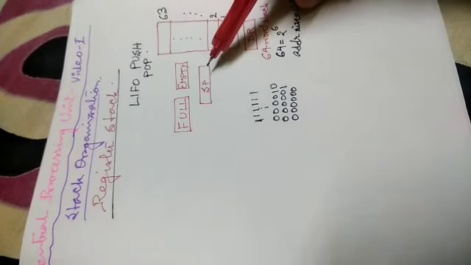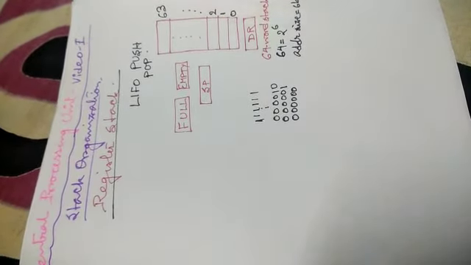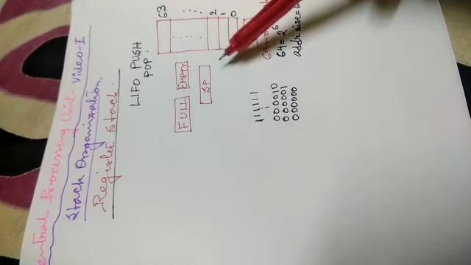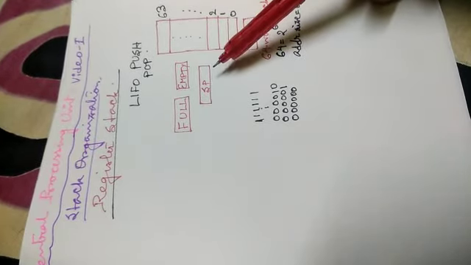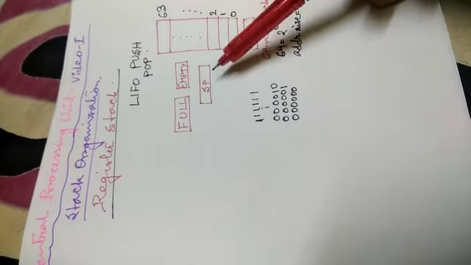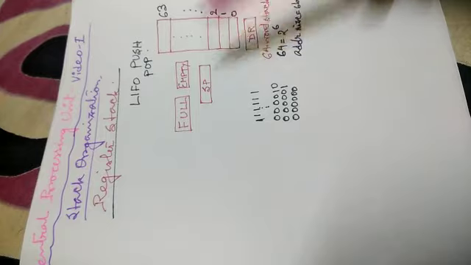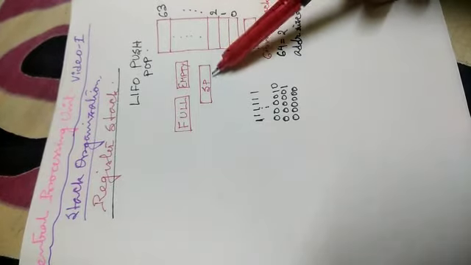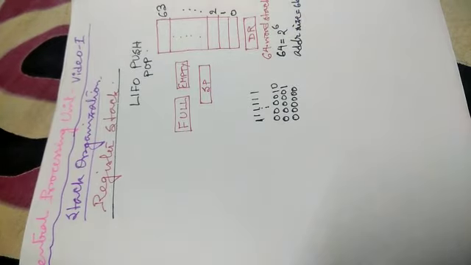Now what is the function of stack pointer? You know that stack pointer is working as the address holder. We know that stack pointer holds the address, right? Now address of what? Stack pointer holds the address of the top element.